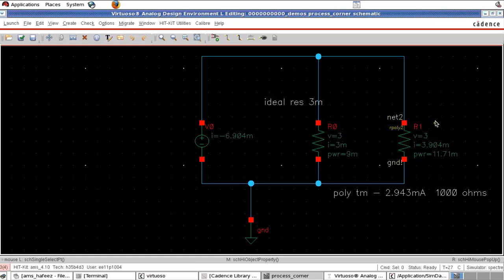So let's calculate what is the resistance in that corner. You can find the resistance value by voltage divided by current. So 3 divided by 3.9, I am doing it on my calculator. The value is 0.769 kilo ohms. That means instead of 1000 ohms, now we have only 770 ohms.